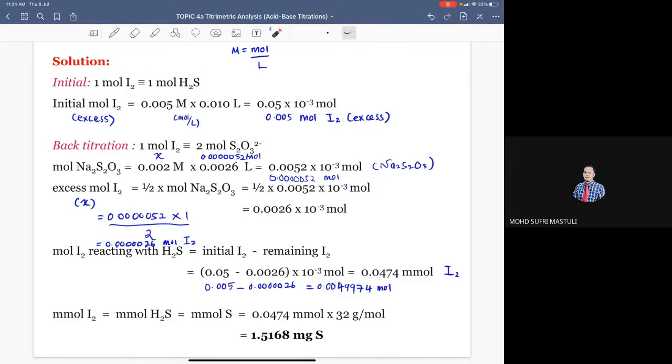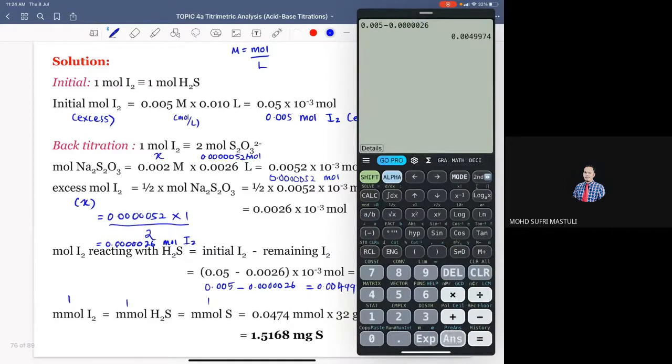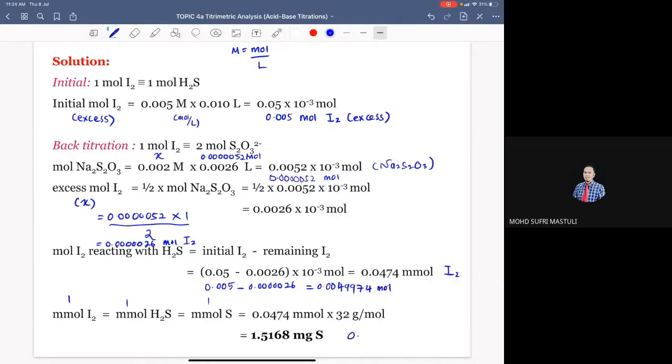So meaning that mole of I2 is equivalent to mole of H2S, because this one is 1:1, and then you can calculate the mass of S. 32 is the molecular mass of sulfur. So 0.1599 gram of sulfur.